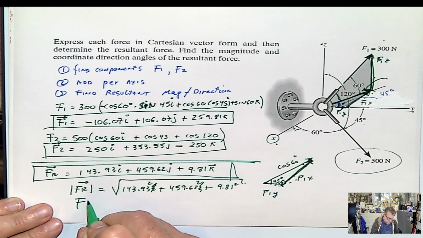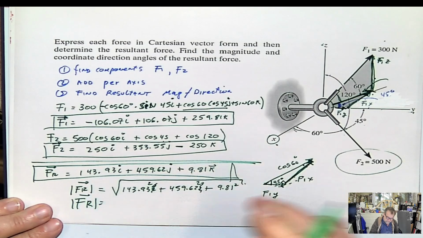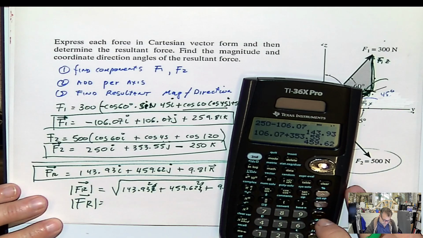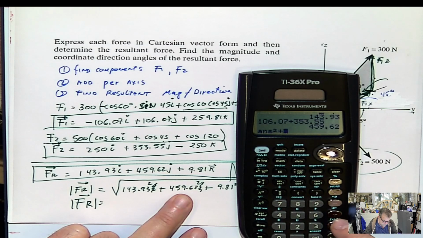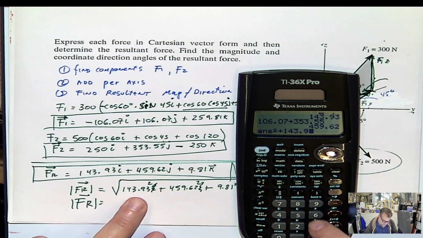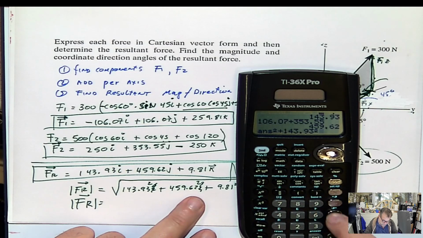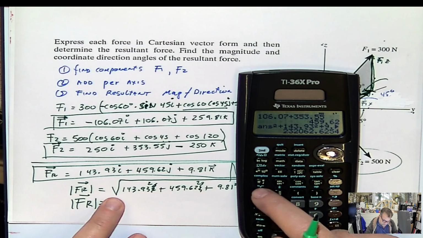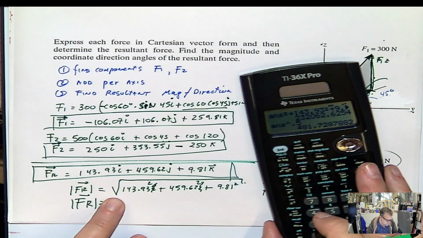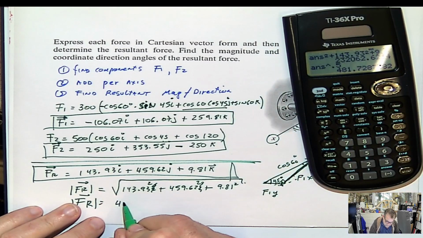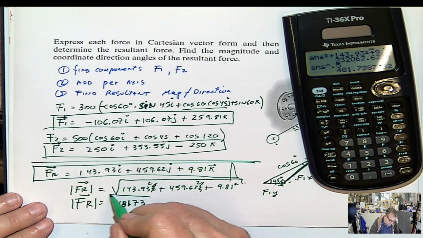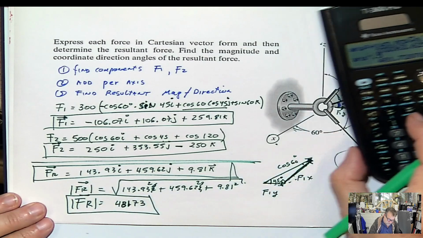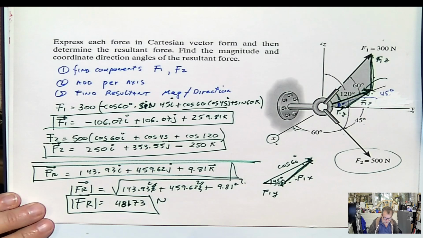So 459 squared plus 143.93 squared plus 9.81 squared, square root of that, elevated to the 0.5. You get 481.73. That will be the magnitude of the resultant force in newtons.